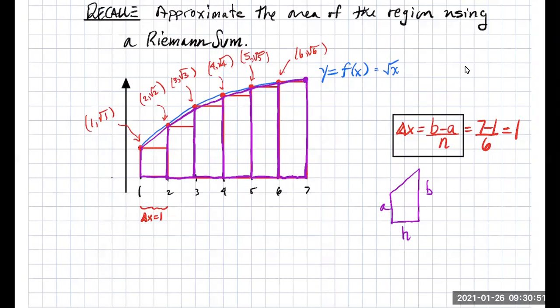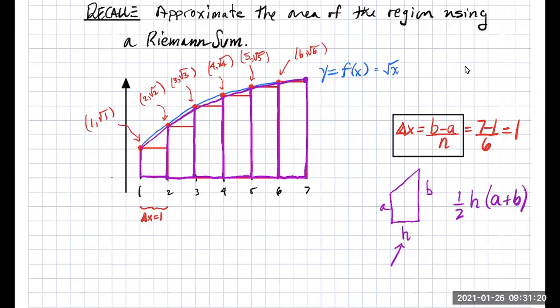The area of a trapezoid is 1/2 times its height. Now this one is standing on end. Okay, so the height right here, ordinarily we would say like this. Okay, so 1/2 the height times the sum of the lengths of the parallel sides.